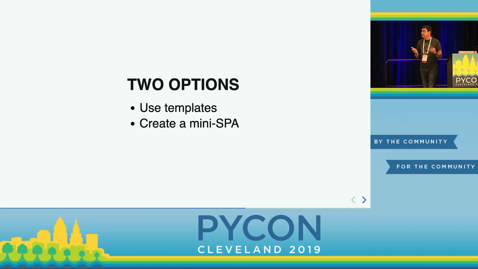If your data isn't very dynamic, if it doesn't have to update constantly, then you can easily use this. And you can pick and choose how you want to display it, either using a template or creating a mini SPA.